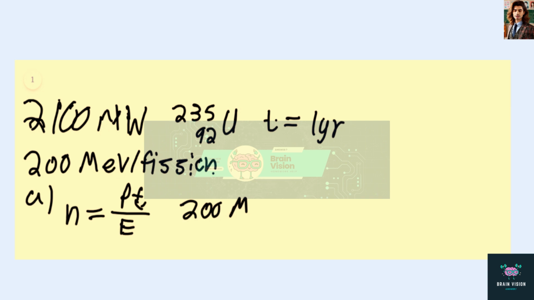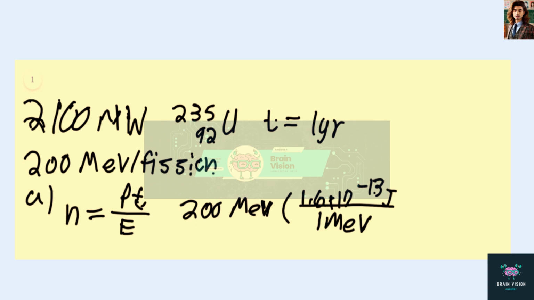So 200 mega electron volts, at 1.6 times 10 to the minus 13th joules each, gives us 3.2 times 10 to the negative 11 joules.